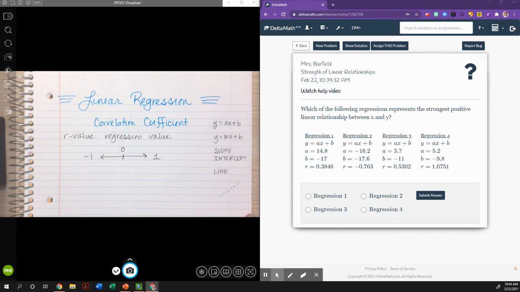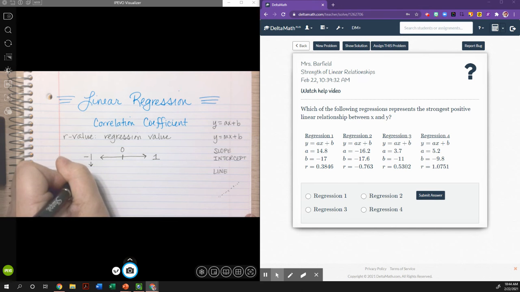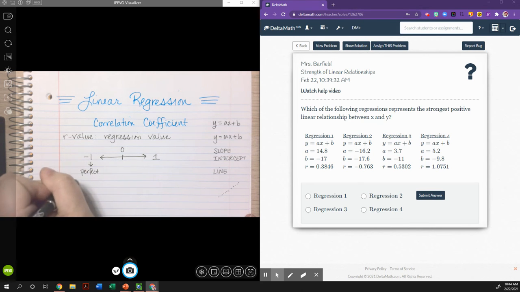If my r value is exactly -1, that means I have perfect negative correlation, which means I have dots that make up a perfect straight line going downhill.